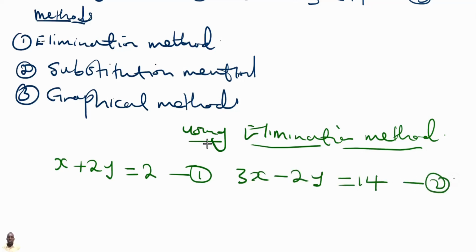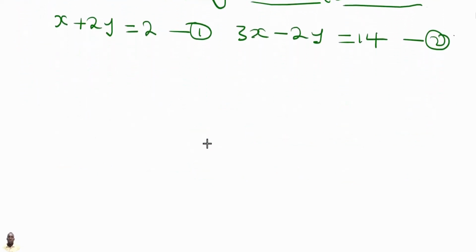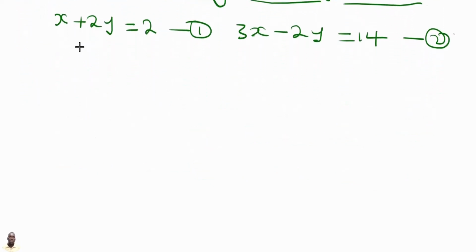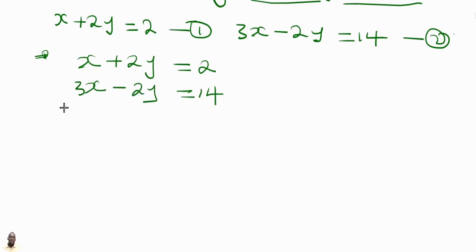Since we are going to employ the elimination method, we are going to arrange these two equations such that a common variable stands for both of the equations. This is what I mean. We are going to have x plus 2y equal to 2. Then we align equation 2, which is 3x minus 2y equals 14. So for the elimination method, let us put our equal sign here.